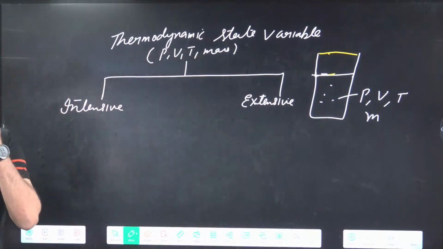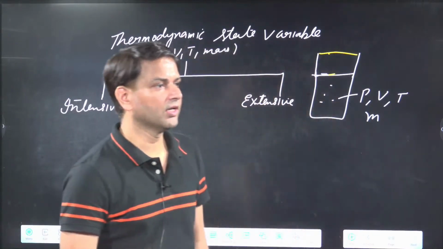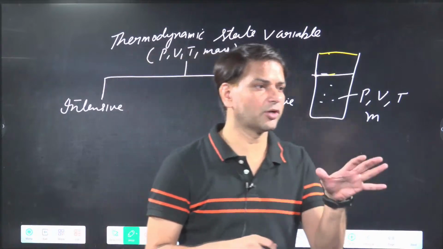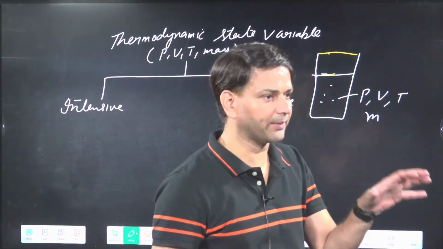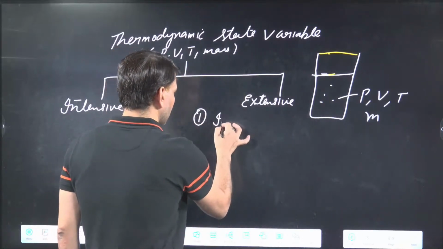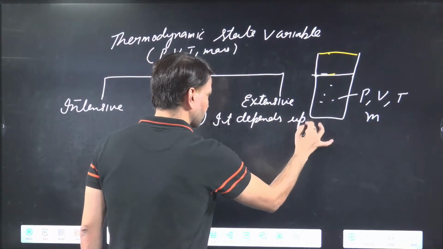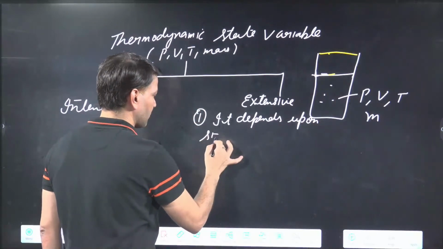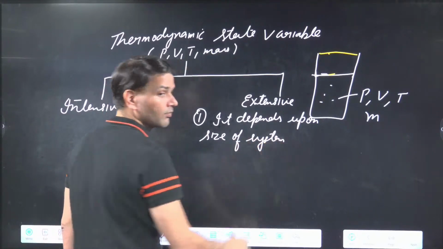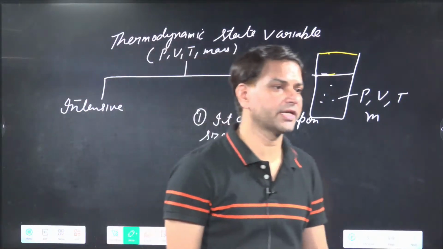So what is the difference between intensive and extensive? From the word extension we can say extensive depends upon the size of the system. Extensive is what? It depends upon the size of the system. Okay, so what can we say about intensive?